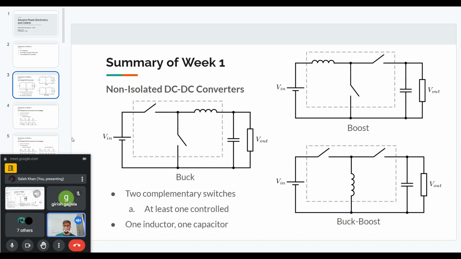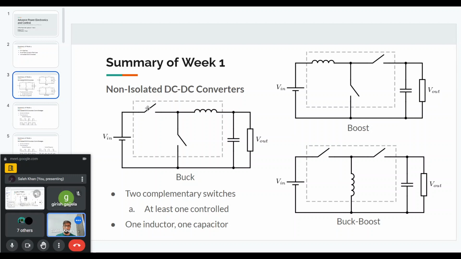That is necessary because if both of them are on at a time, something will get shorted. For example, in the buck converter on the left, if both of these switches are on, the input voltage will get shorted. That will draw a large current through the devices until they get damaged.